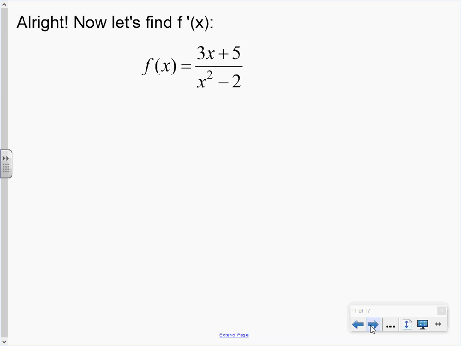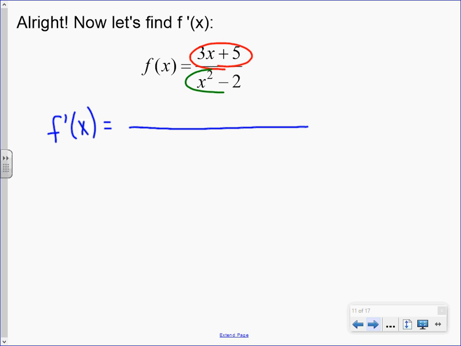All right, so let's try that one that I had on the screen. We have our numerator I'm going to circle in red, and our denominator I'm going to circle in green, just so you have that visual effect of what's happening.